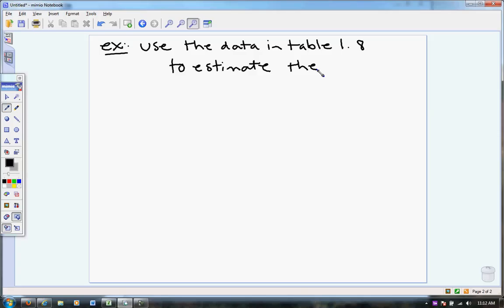I think it's United States population. Yes, United States population. U.S. population in the year 2000.